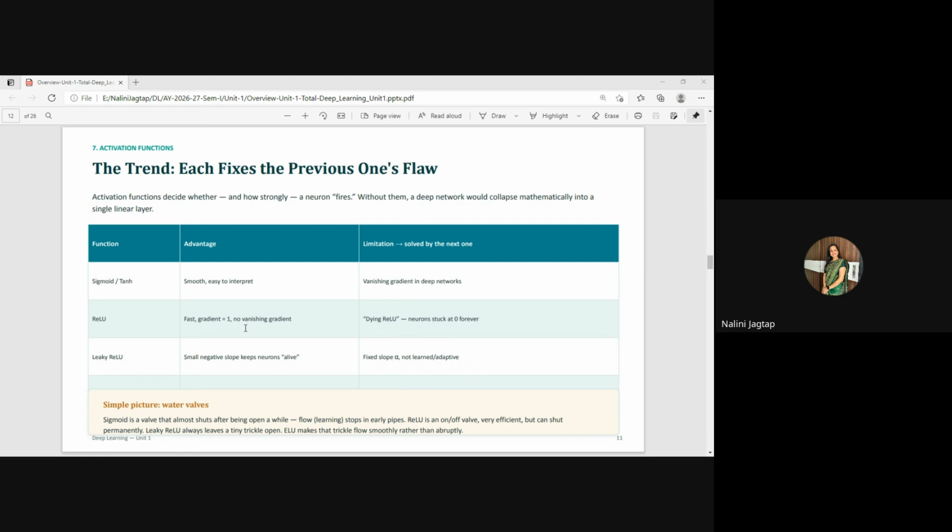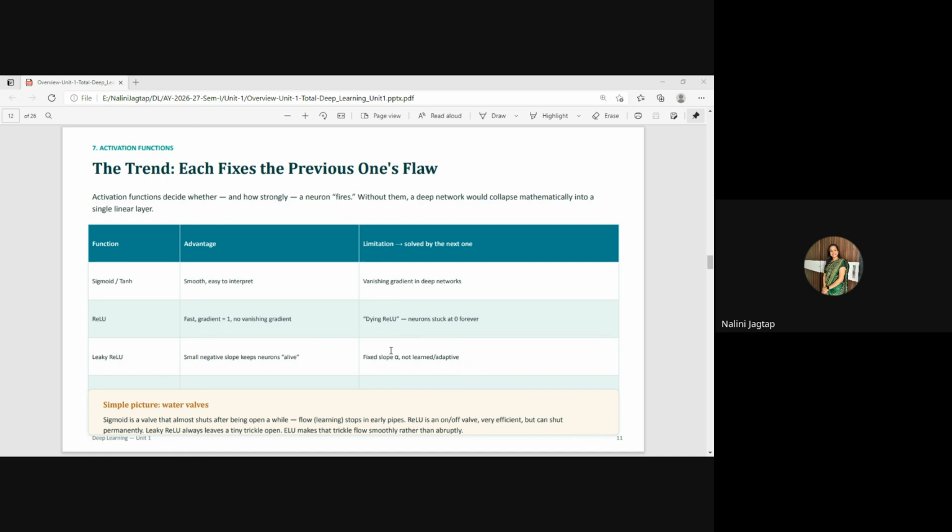Without them, no matter how many layers you stack, the entire network would mathematically collapse into behaving exactly like one single boring linear network. The history of activation functions that follows in the textbook example of this unit has a central theme: each new function was invented specifically to patch a flaw discovered in the function before it.